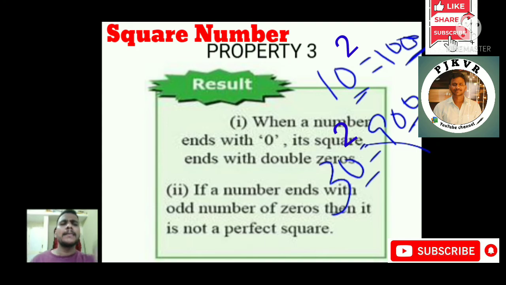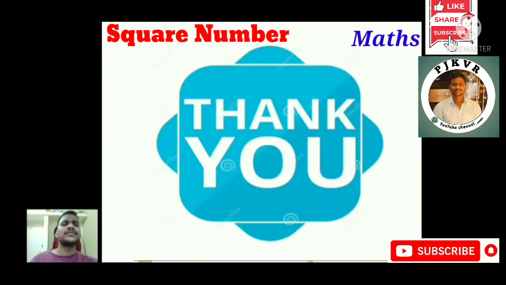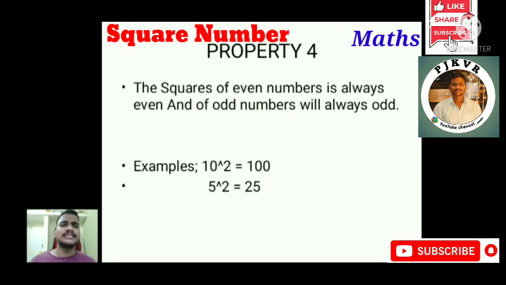Next we move on to property 4. What does property 4 say? The square of an even number is always even and the square of an odd number will be odd.